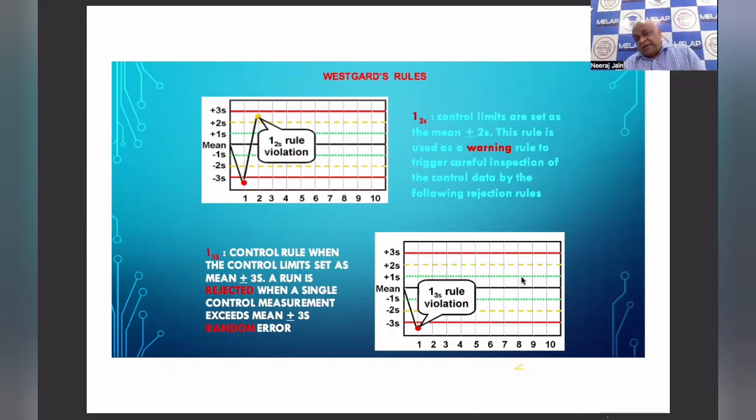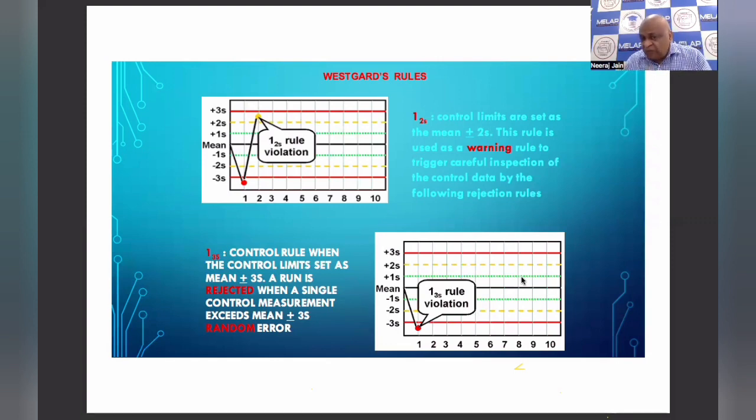Suppose daily we were getting values close to the mean, and suddenly one day we get a value, for example, with mean 100 and SD 2, the value is either 93 or 108 or 107. These are significantly away from the mean. If control is showing so much variation, the same variation is possible in our laboratory results also.